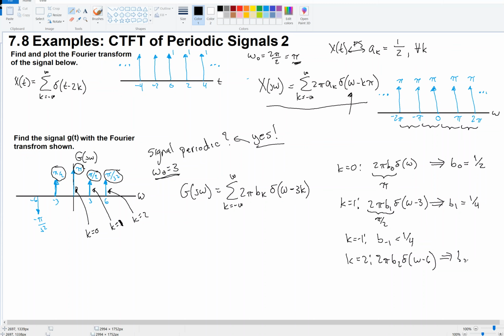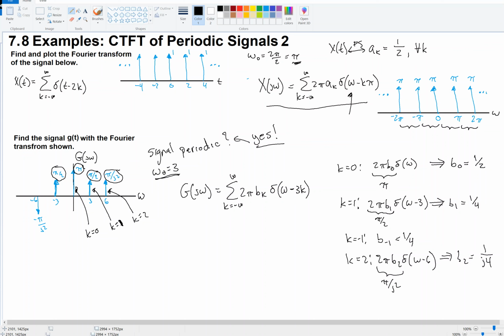So what does that mean about b2? This has to be pi over j2. So that means b2, it looks like, is 1 over j4. If b2 was 1 over j4, then I'd have 2 pi times 1 over j4, and that would give me pi over j2.